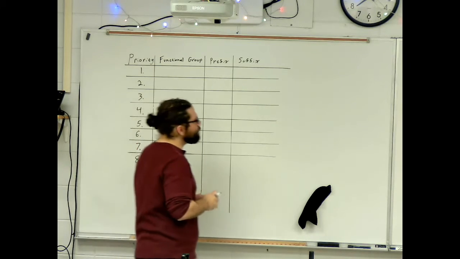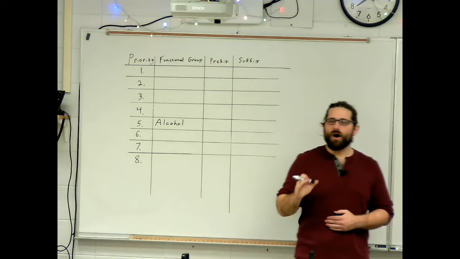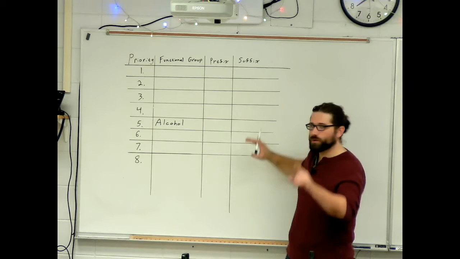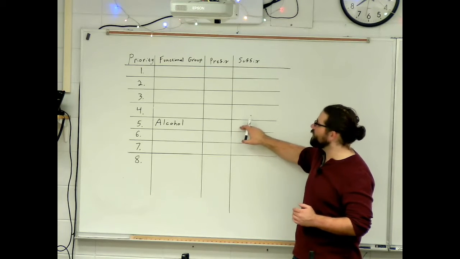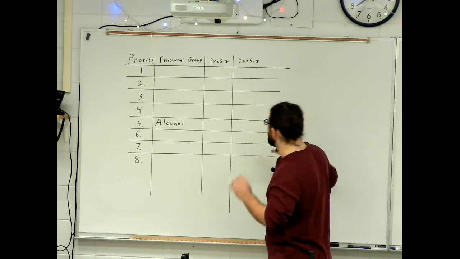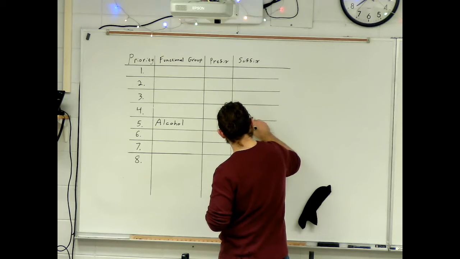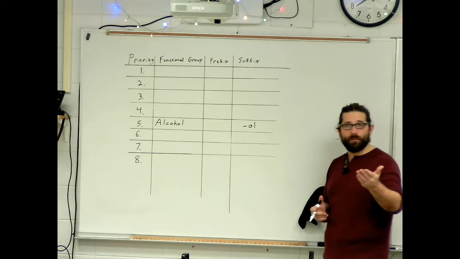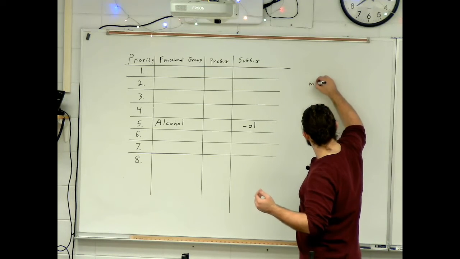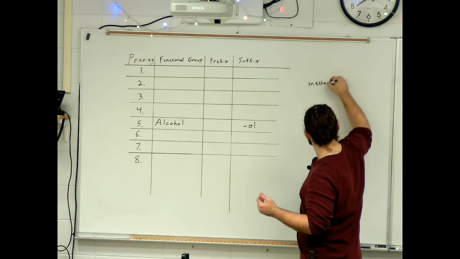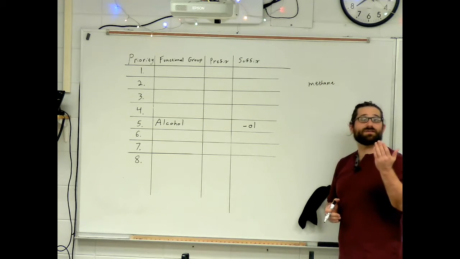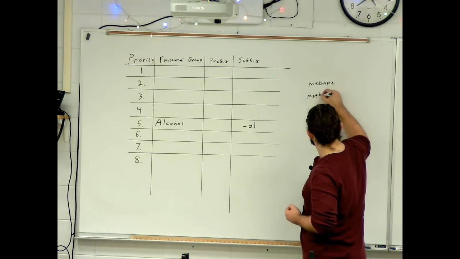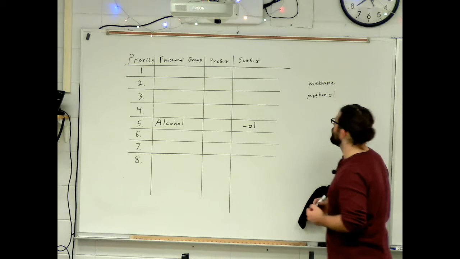And whenever I'm naming something with an alcohol, if I don't have any of these first 4, which we'll get to, then alcohol is going to give it a new suffix. These are always going to give it a suffix if they can. And that suffix is going to be just the ending -ol. So for example, if methane has an alcohol group, it becomes methanol.